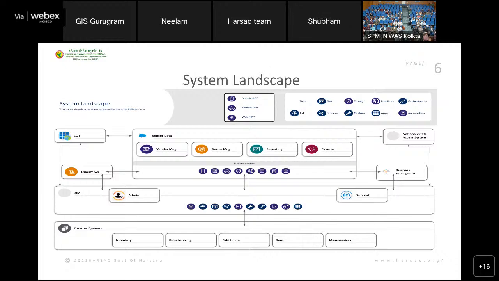This is the basic system landscape that we have designed, showing how we are going to connect multiple applications and platforms in a unified manner. A few questions were asked during this presentation with respect to trend setting and post-trend information, for example, how many tanks have had water removed very quickly.